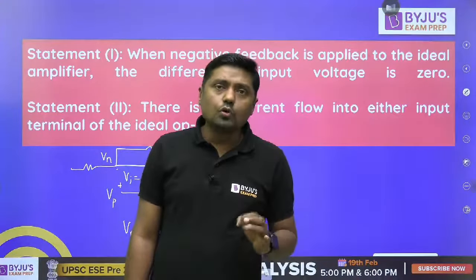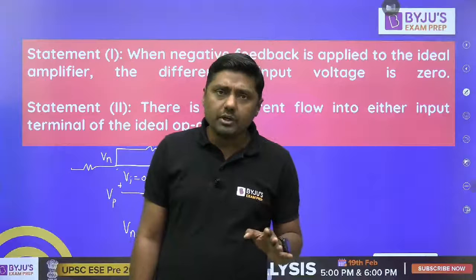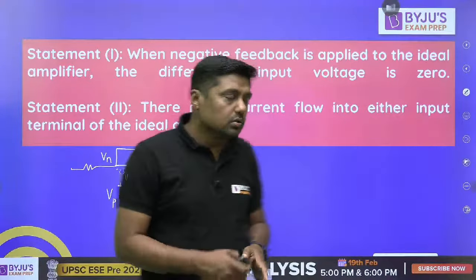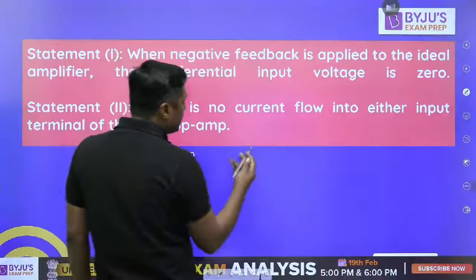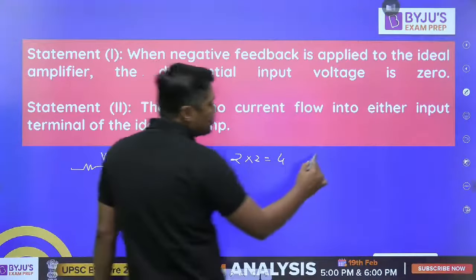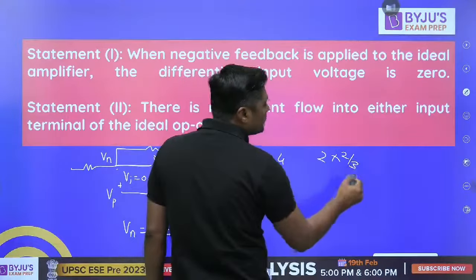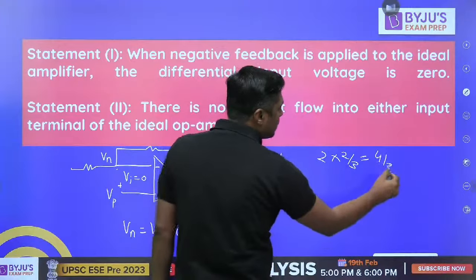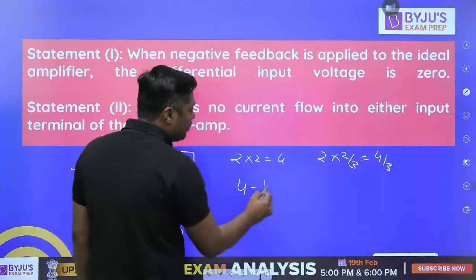Out of 4, 2 are correct, 2 are wrong, that is the probability. My dear friend, if 2 are correct, you will get 4 marks, and if 2 are wrong, you are going to lose what? 3 marks, 2 by 3, that is 4 by 3 marks. So ultimately, what are you going to gain in marks?